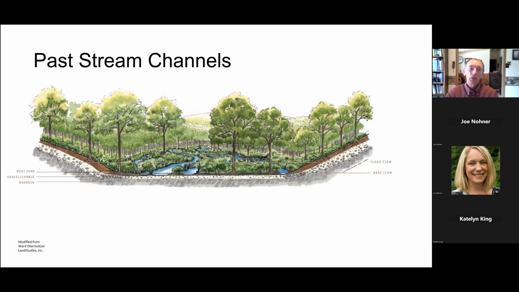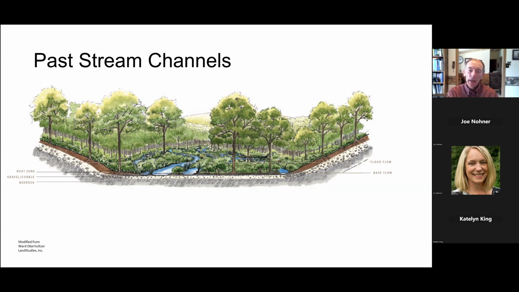And one of the dramatic changes that has occurred has been in the stream and hydrology world. This illustration comes from Oberholster, from Land Studies Incorporated, where he shows a braided stream channel in a valley. If you'll notice the level of the topsoil, and then the base of cobble and gravel, and then the bedrock, obviously it's an illustration.